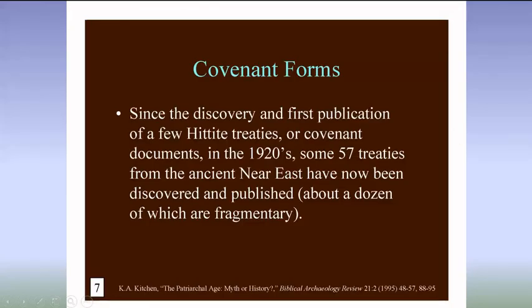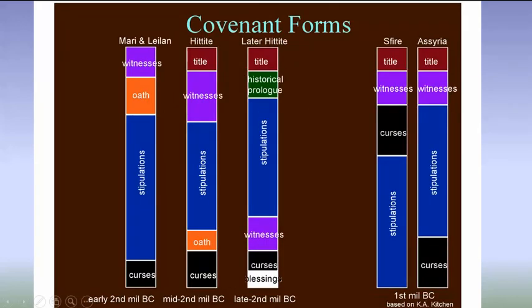Here's another kind of detailed analysis that offers another strong argument in favor of Moses being the author of the first 5 books of the Old Testament. And it's a study of covenant forms. There's a whole field of study of the treaty or covenant forms of the ancient world. If we put these covenant forms together, we see there are 2 basic kinds of forms.